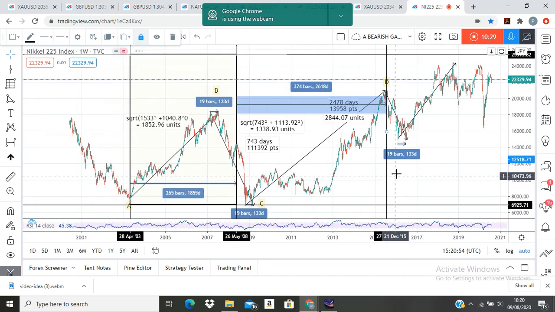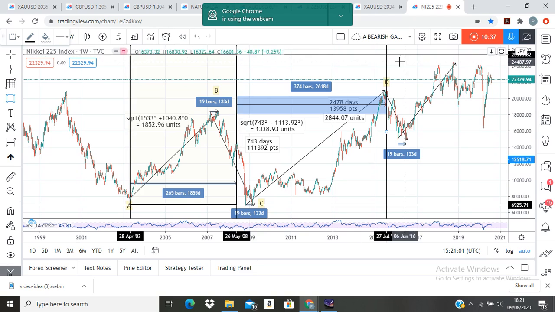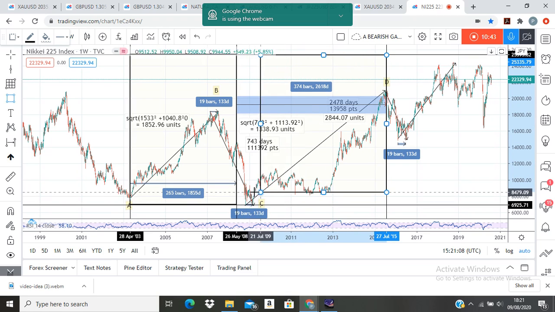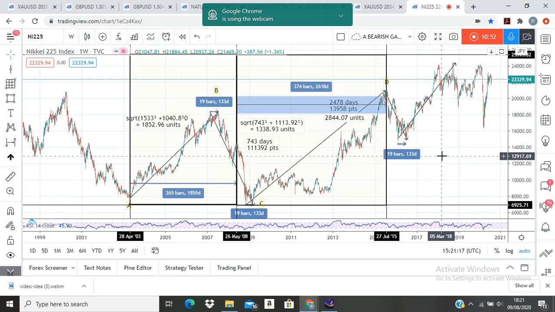So what we have done is created our next square, or our next rectangle here. Our next expansion, we have created it exactly, and this is our second rectangle. Then what we can see here is a direct compound rectangle.